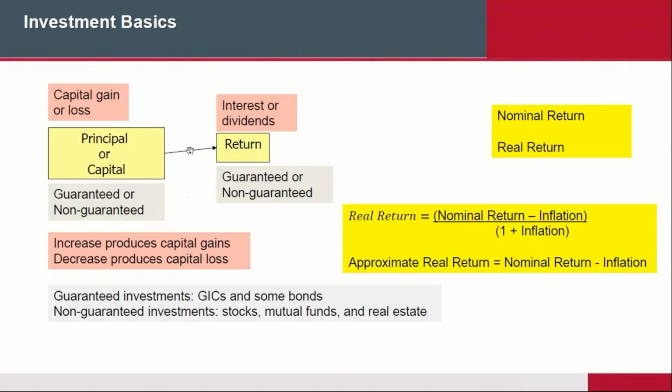Because what you've got here is an investment, there is some risk involved. So you can have a capital gain, or you can have a capital loss. Of course, you can also buy investments that have guarantees, and those guarantees could give you a minimum return.